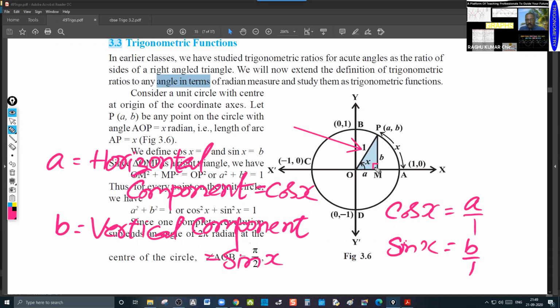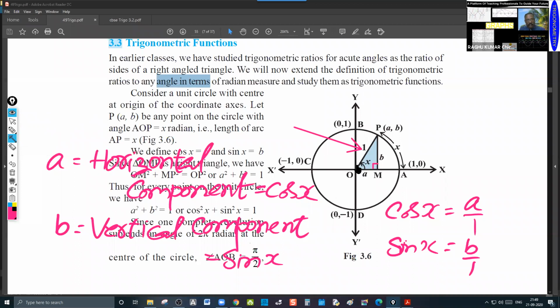X becomes 0. What will be A then? X becomes 0. This will coincide with OA. Correct or not? X becomes 0 means this line comes down. Which line? OP comes down.